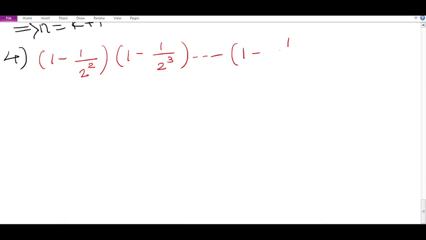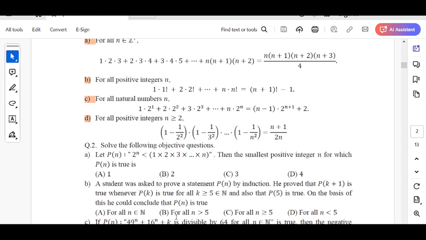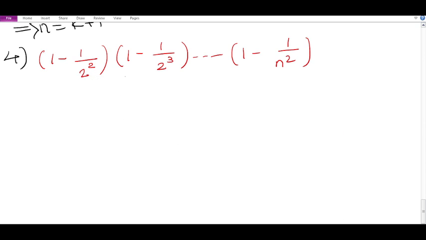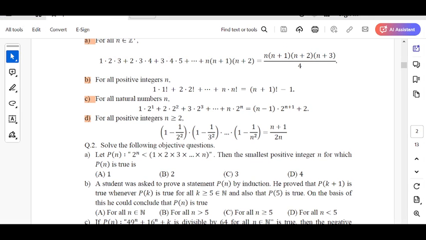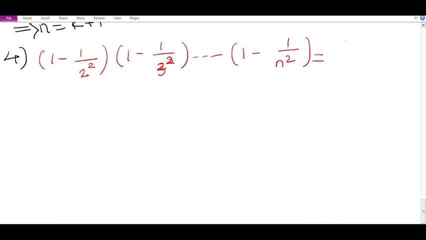This product is equal to (n plus 1) divided by twice n.